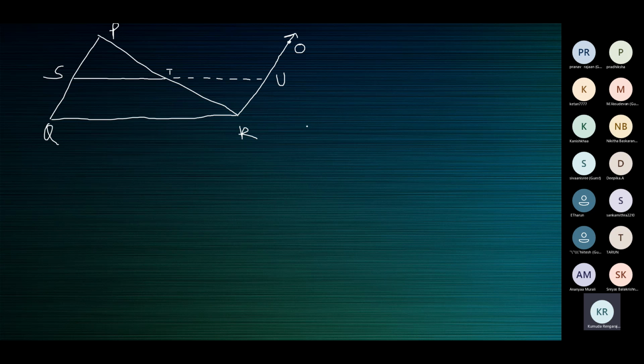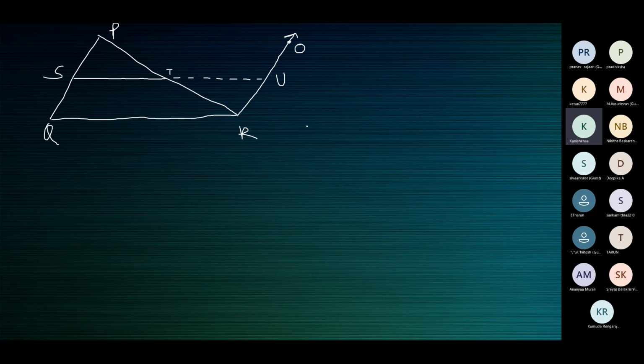What is given, children? Let's do it again. What is given? Given triangle PQR. What is S?